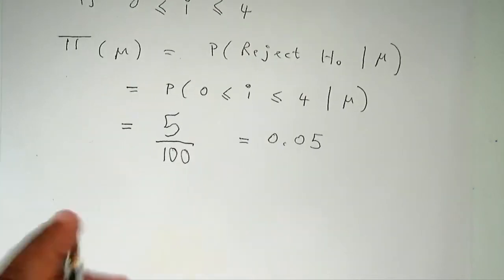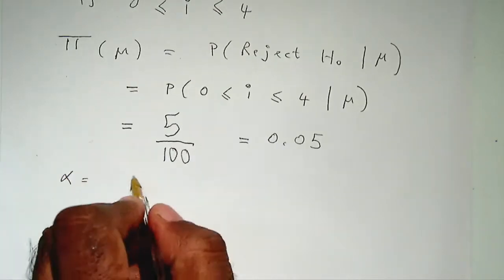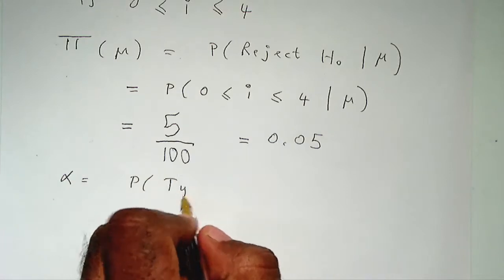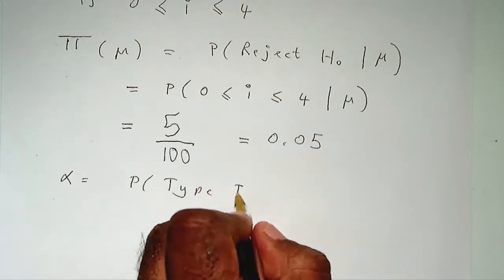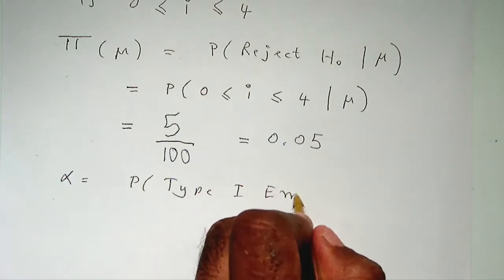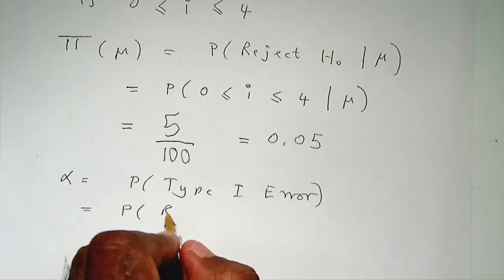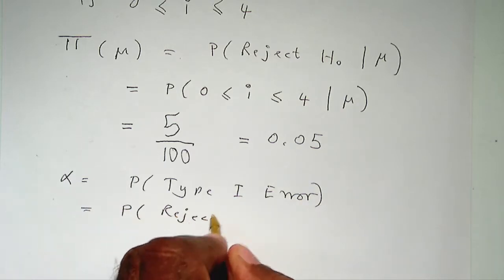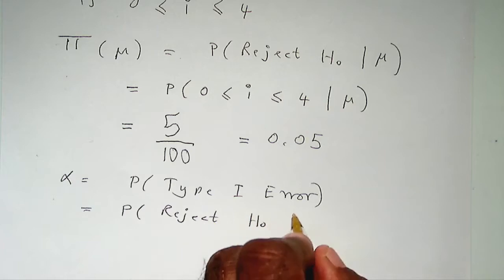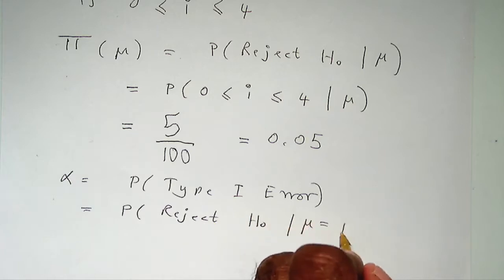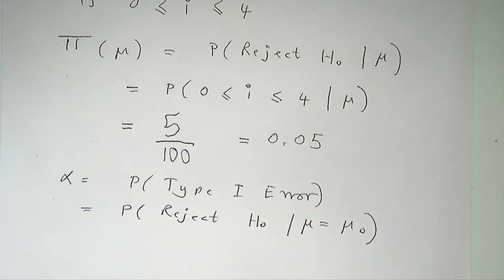And alpha is the probability of type 1 error, which is the probability of rejecting the null hypothesis when in fact it is true, right?